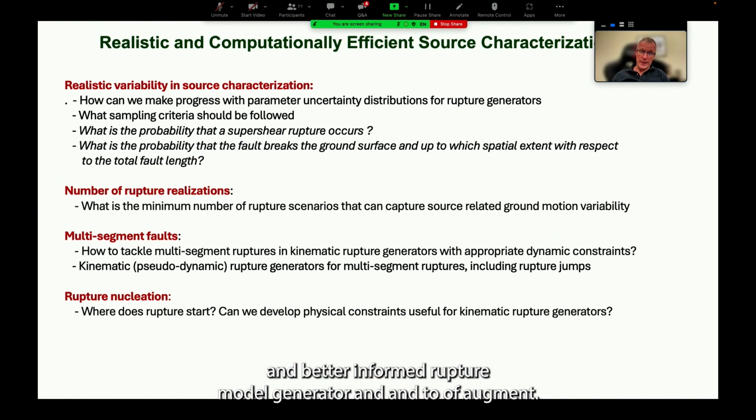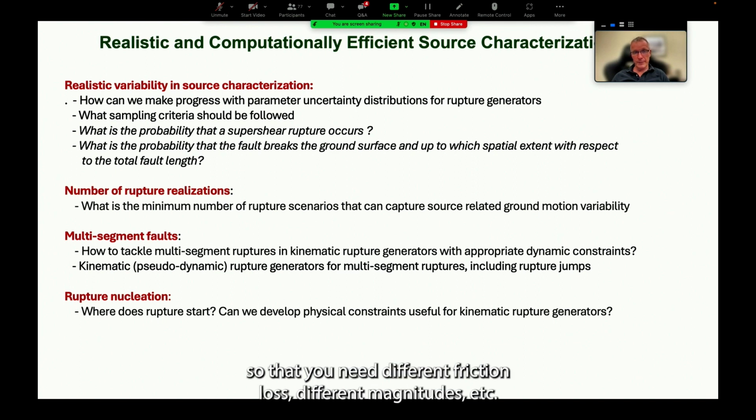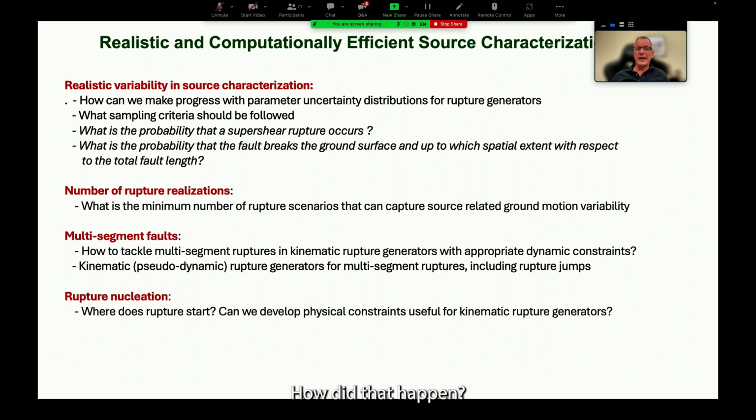To augment that point, what we haven't done as a dynamic rupture community is to really scan the parameter space of stress heterogeneity, different friction laws, different magnitudes, etc., for the sole purpose of creating a rupture generator. We're interested in the dynamic rupture community in studying a specific earthquake, like the Turkey earthquake I showed earlier today. How did that happen?